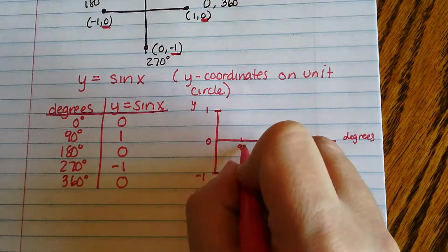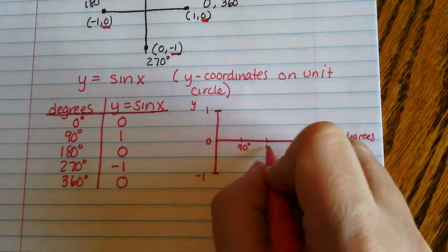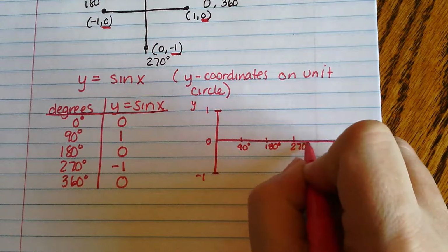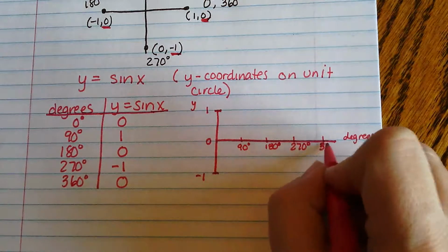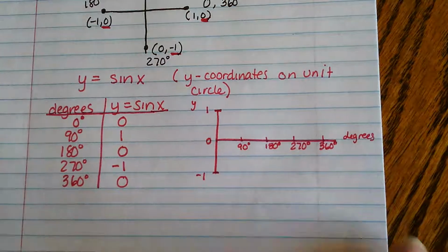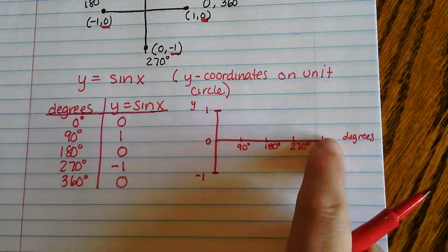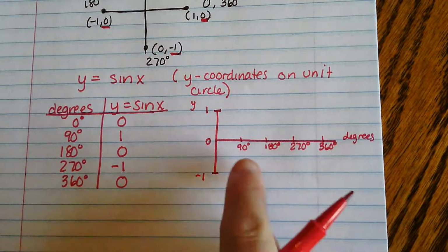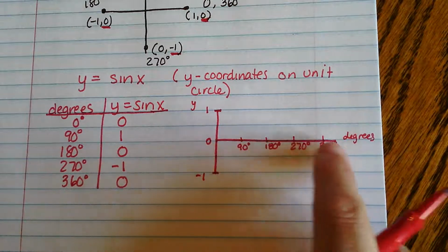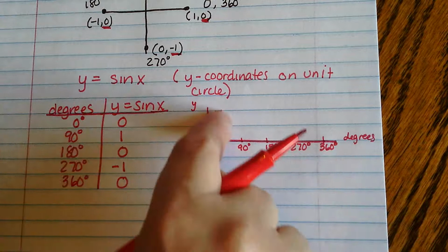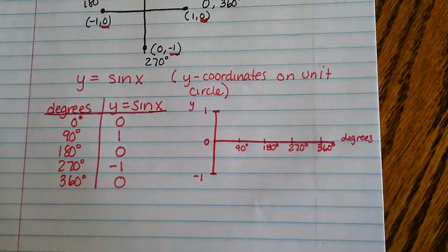And we'll go 90, 180, 270, and 360. And basically, they're all equidistant because they're all in 90-degree increments. So you want to make sure that you're doing that equidistant as far as the heights. Make sure that they are also, especially for a sketch.